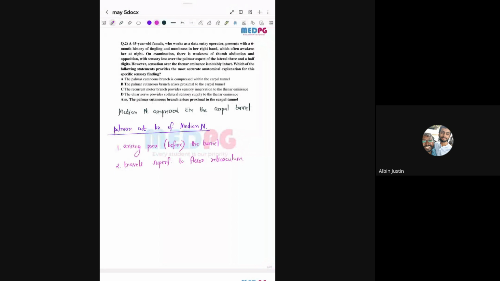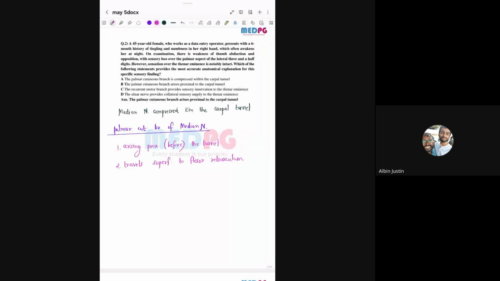Is that clear? So this characteristic property of our median nerve is always a tested area.